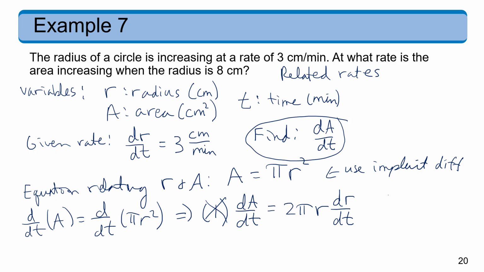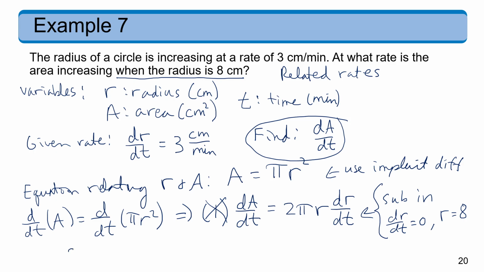Now we're going to sub in the given information. So we know dr/dt is 3. And then we're also told at what instant we're trying to find the rate, and that's when r is equal to 8. Okay, so that's what we're going to sub in here.